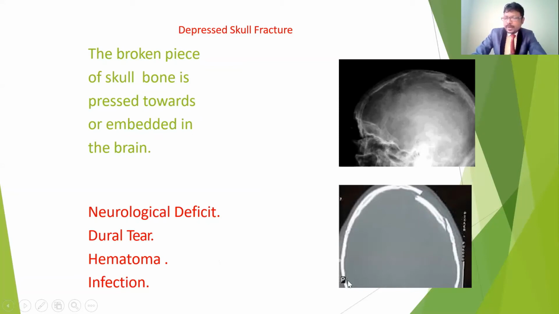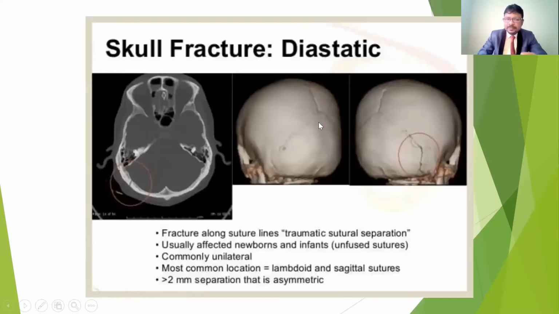Here neurological deficits can occur, and there is also a chance of a dural tear, meaning the dura mater gets injured. This can lead to hematoma and also infection in depressed skull fractures. Here you can see the depression. Because of the pressure, bone fragments are pushed close to the brain. That is called a depressed fracture.